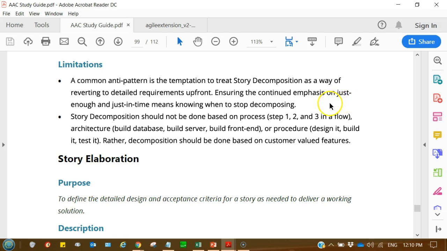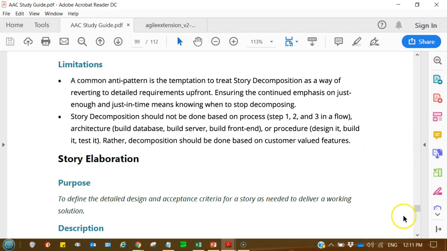So in terms of being able to do story decomposition, the key point here is to make sure that you're always aware of what level of detail I need, not what level of detail I can get to. So just be aware not to go into decomposition too early, because you create the potential for waste and rework.